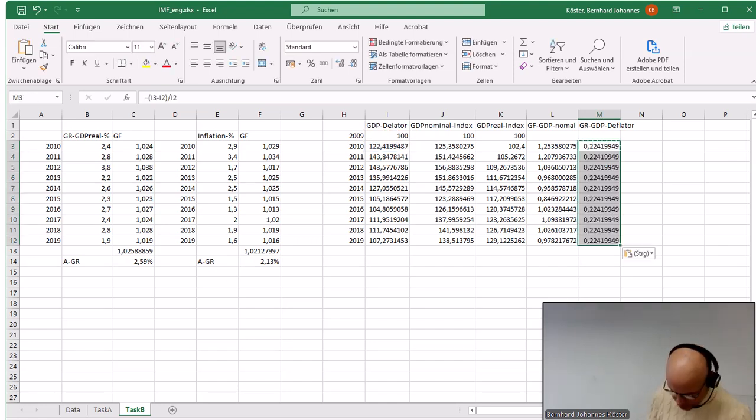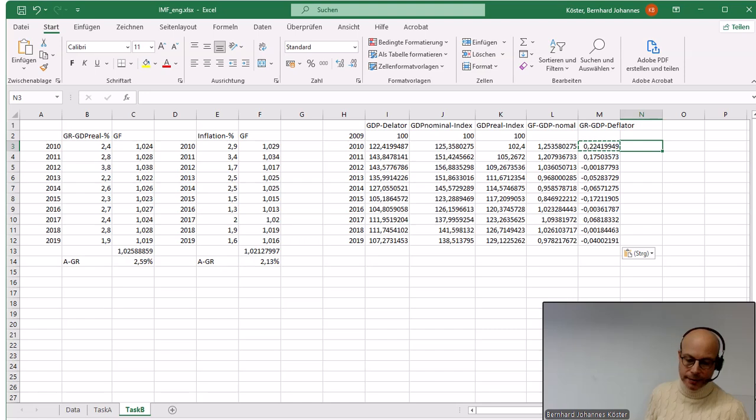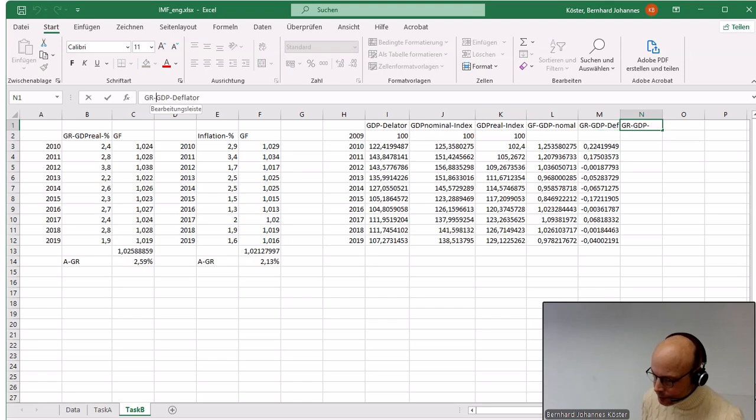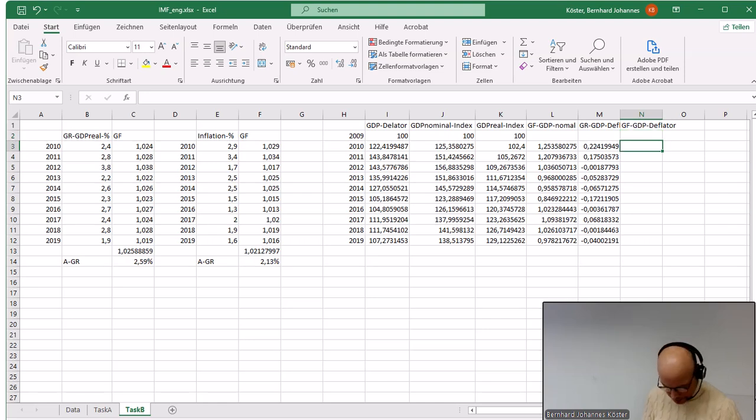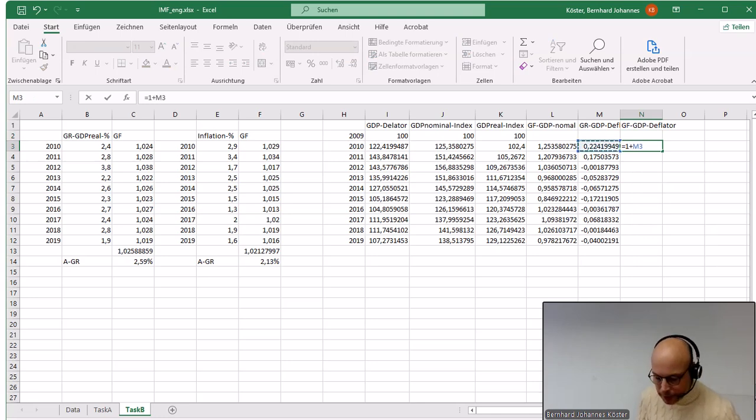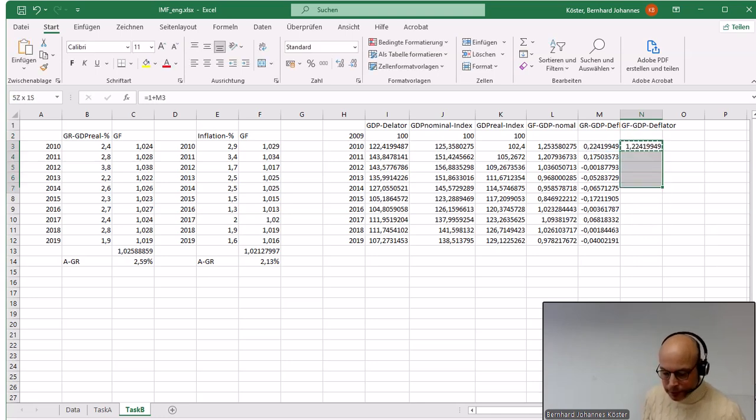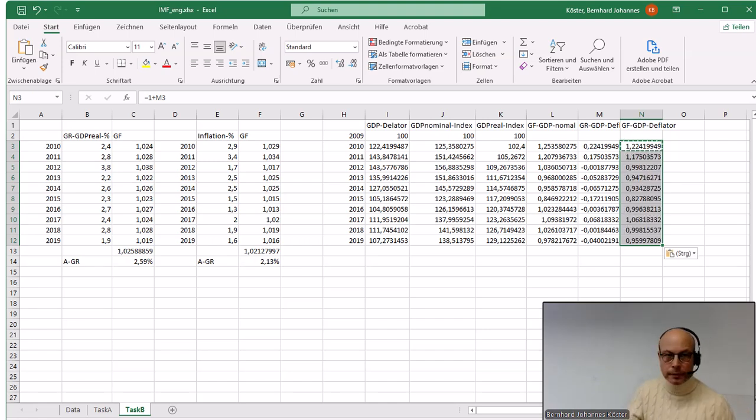These are the growth rates and the growth factors, 1 plus the growth rates. And the average is again the geometric mean. And this we have done already here for inflation and for real.